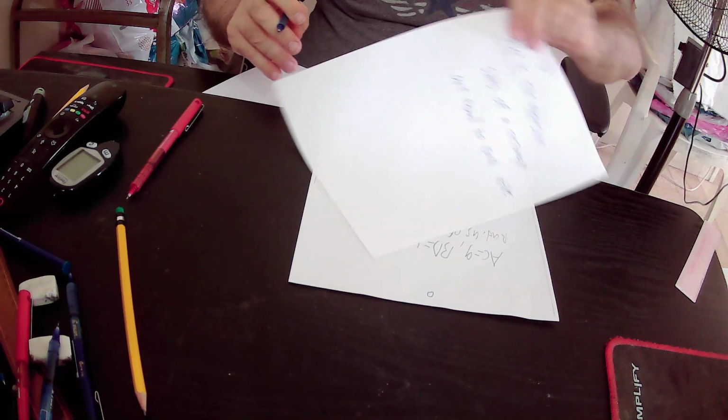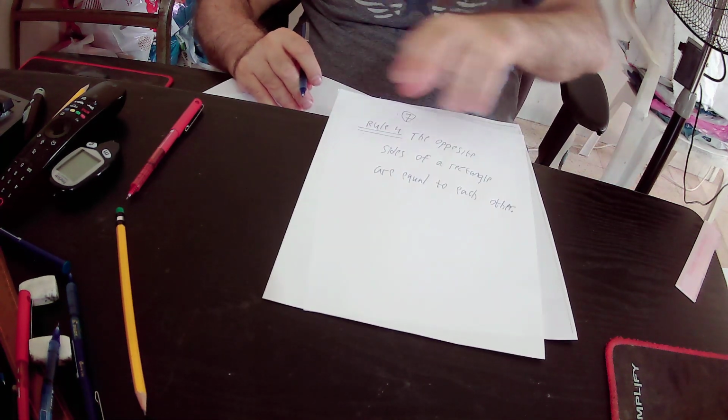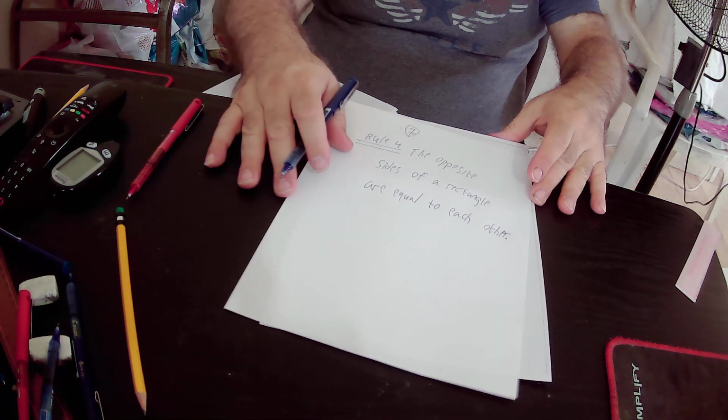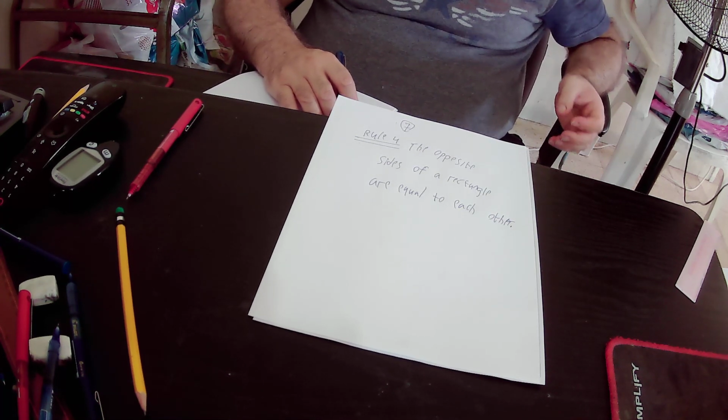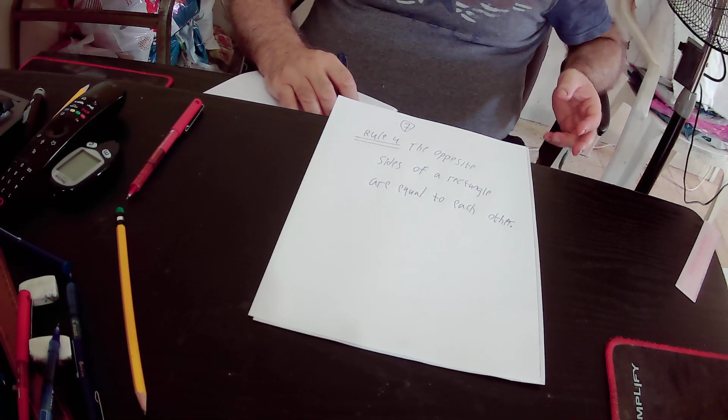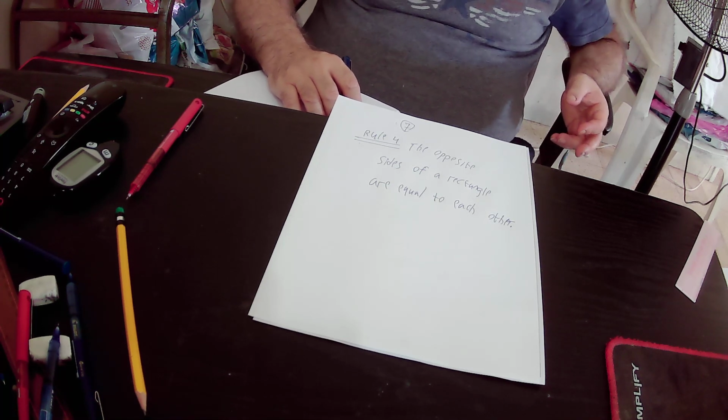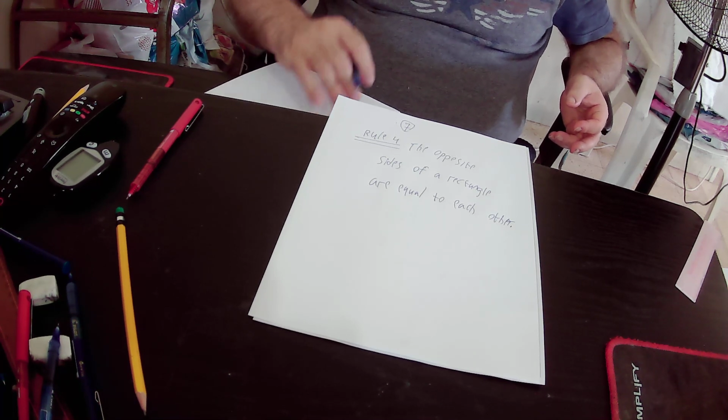Okay, I will read rule number 4 again. Rule number 4 states that the opposite sides of a rectangle are equal to each other.